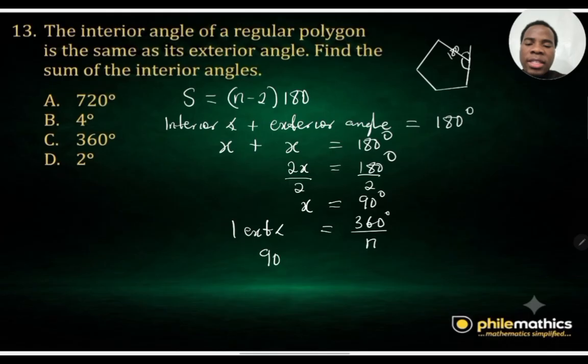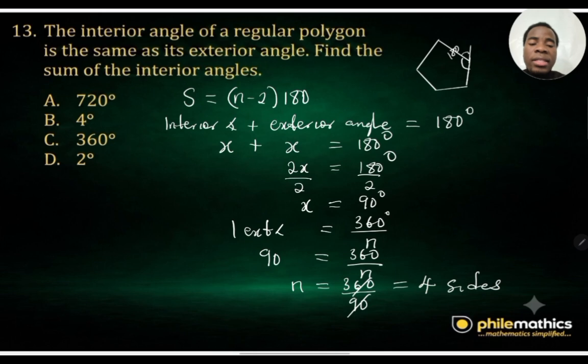So this is 90 equals 360 over n, and if we divide both sides by 90 and take n to this place, we'll have that n is 360 over 90. This is simply 4 sides. So we can see that the number of sides for this regular polygon, in which the interior angle is the same as the exterior angle, is 4 sides.